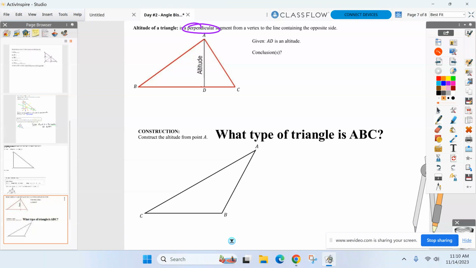So if it's got to be drawn perpendicular, what am I going to form here at ADB and ADC? Right angles, correct. Altitudes form right angles. But the biggest thing is it has to start from a vertex. It's not an altitude if it starts from a side. So, a little bonus question here, honors kids. How many altitudes exist in every triangle?